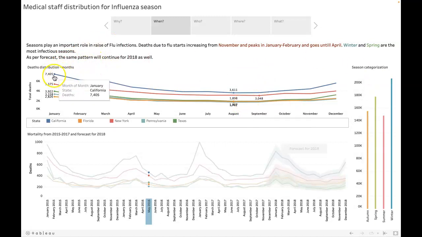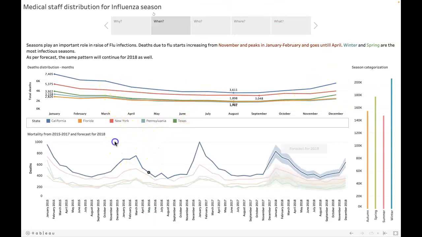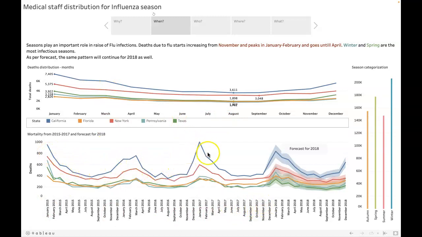As you can see, January shows a peak in death counts, which is carried till March, April almost, and then it stabilizes quite a bit until October, and it rises again from November and December. If we see the monthly data from the year 2015 to December 2017, a similar trend is shown across all the 5 states.